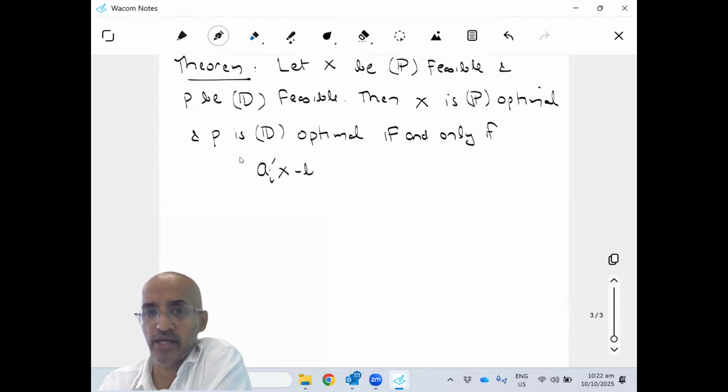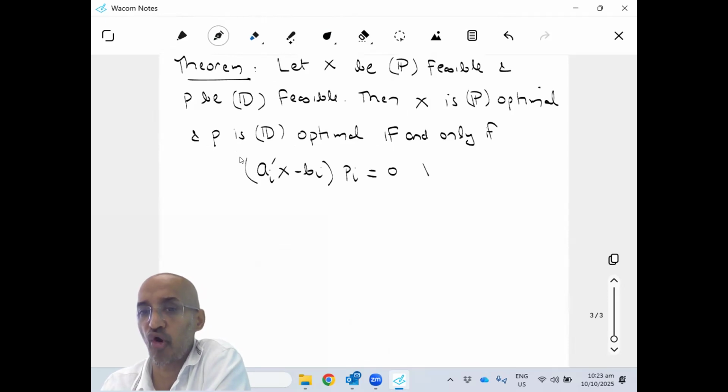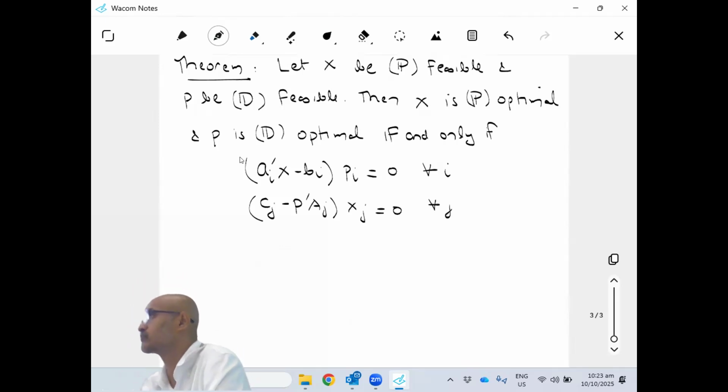AI transpose X minus BI times Pi is equal to 0 for all I. Cj minus P transpose Aj times Xj is equal to 0 for all j.